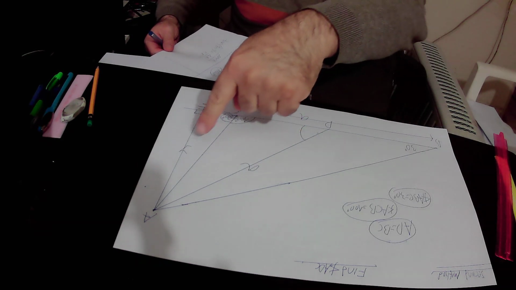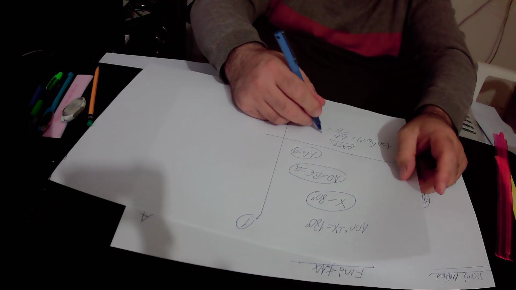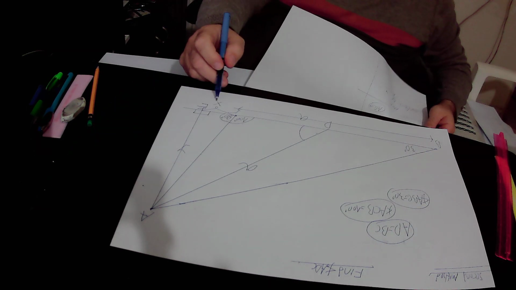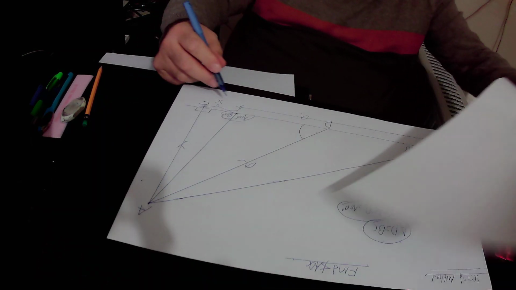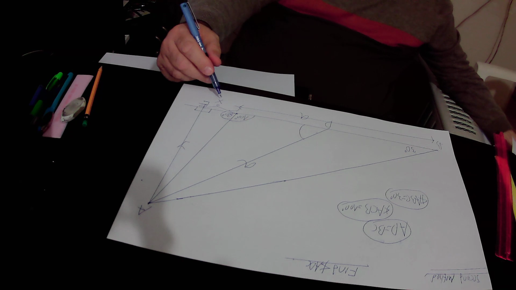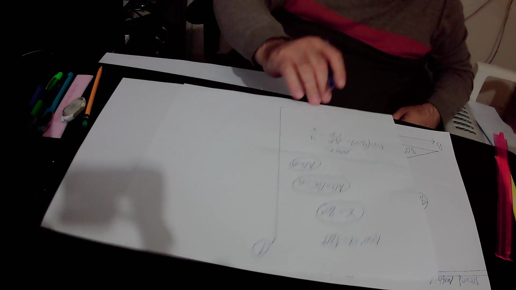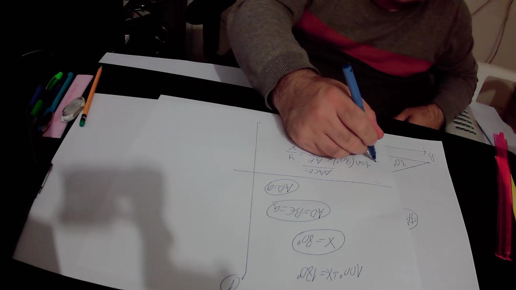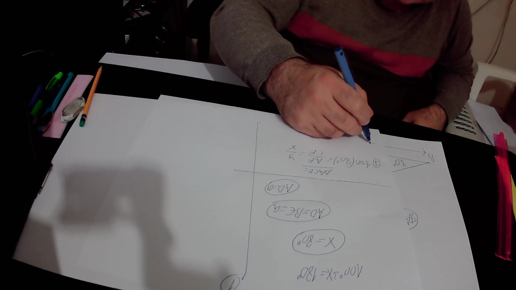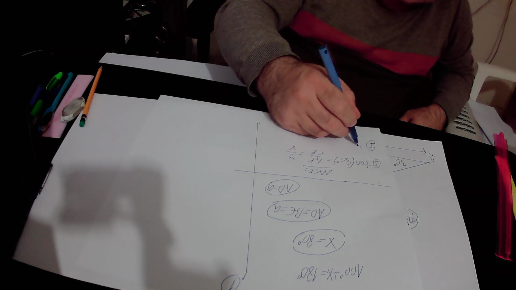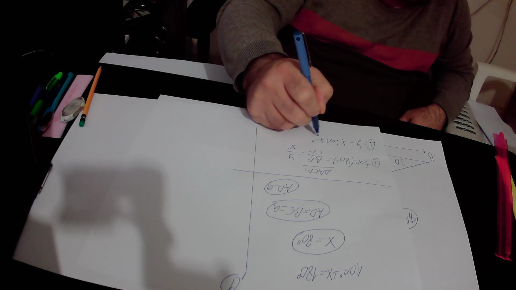But AE equals Y units according to our definition, so we will substitute AE by Y, and CE equals X according to our definition, so we will substitute CE by X. Here we will multiply equation number 1 by X, and we will get that Y equals X tangent 80 degrees.